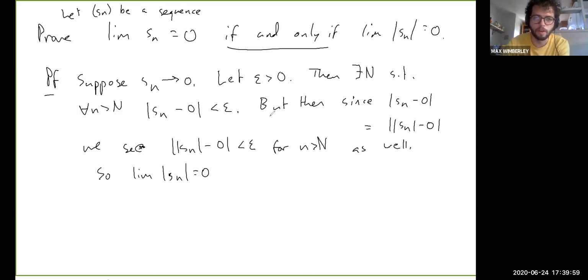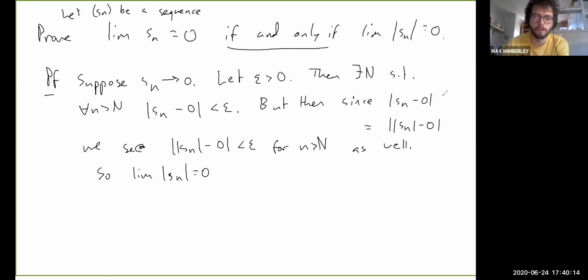Actually, I won't even go through the other half because you'd basically just flip this around. You'd suppose the absolute value approaches 0, then there exists an N such that, and you could put an absolute value in here, but then these two things are equal, so this is also true.